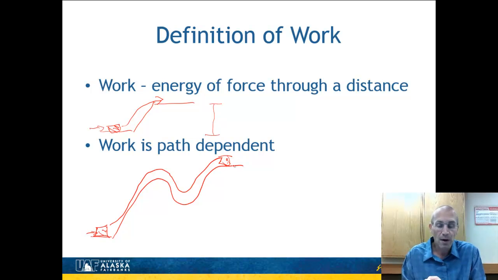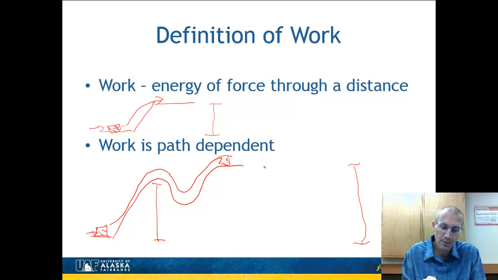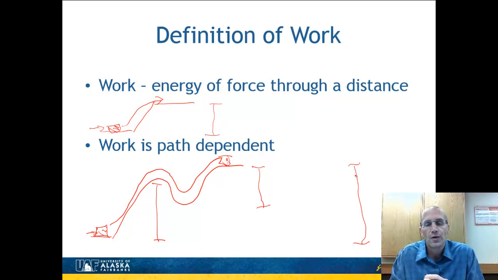Now if I look at the change in energy, its potential energy is related to the height that I've gone here. But if I look at the amount of work I put in, I'm going to have pushed it up that hill, and I'm going to have pushed it up that hill. And those two distances are larger than the total change in energy. Therefore, this is known as work being path dependent, in that not only do I need to know its end state, where it ended up here, I need to know the different path that it took.